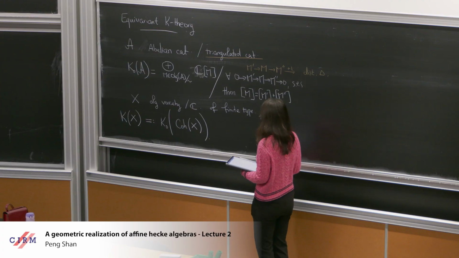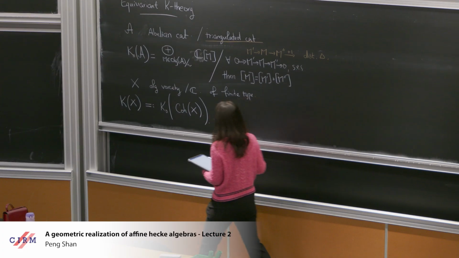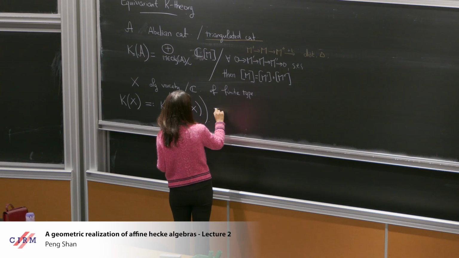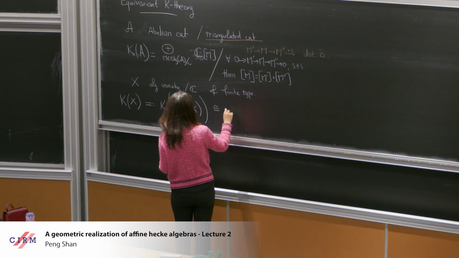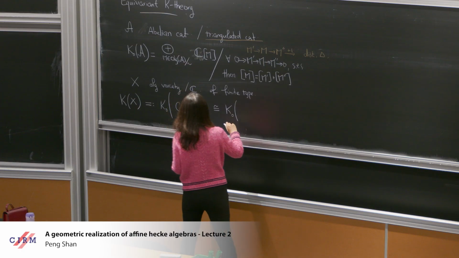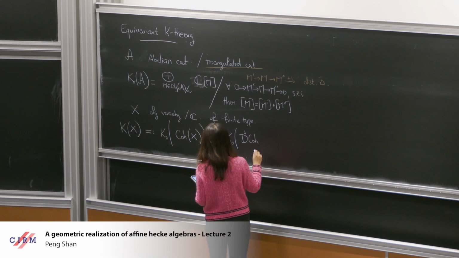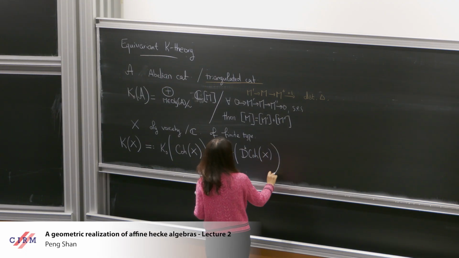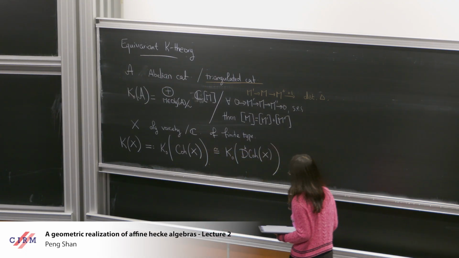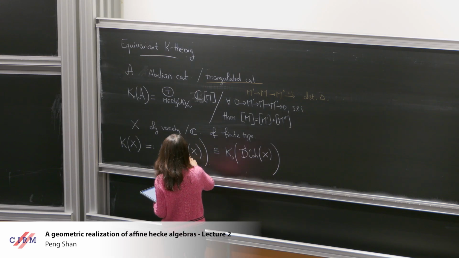And also, you can observe that this is naturally isomorphic to the K-theory of its bounded derived category of coherent sheaves on X. Here you have a sheaf.